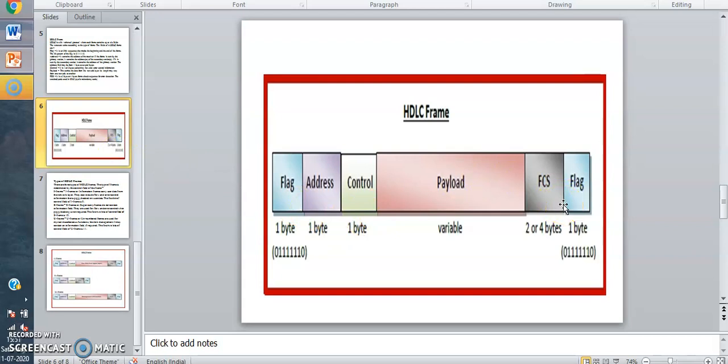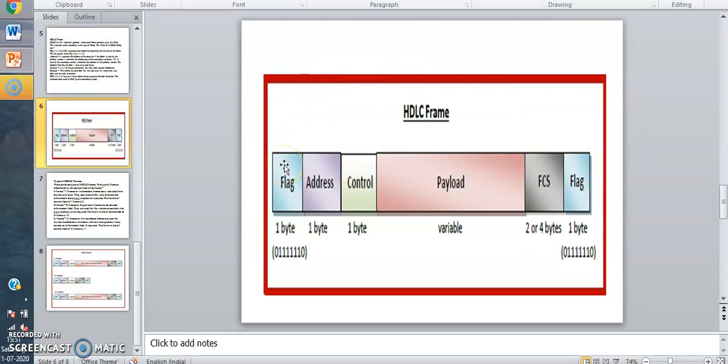What does FCS mean here? FCS is nothing but frame check sequence. Coming to them one by one, what are flag fields? Flag fields have a unique pattern at both ends of the frame structure. Here the frame is starting and ending with flags.